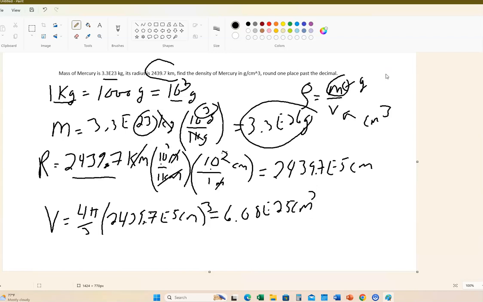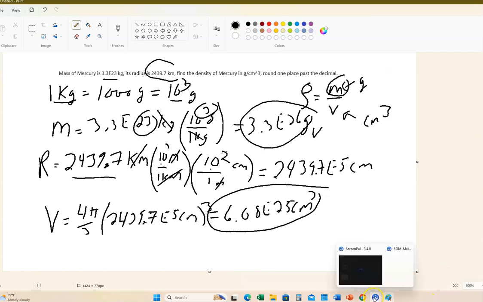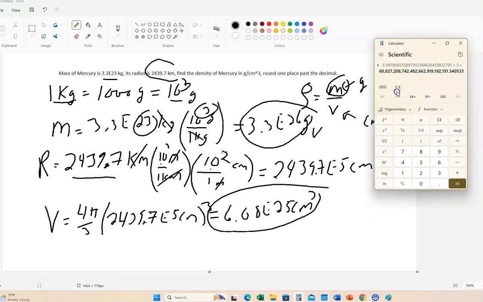So now we're going to take this number, the mass that I circled earlier, this mass right here, and divide it by this volume right here. That's already in my calculator. So I'm going to type in 3.3 times 10 to the 26th, and divide by this number.